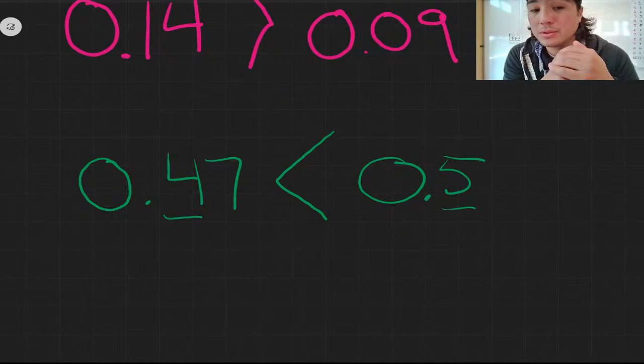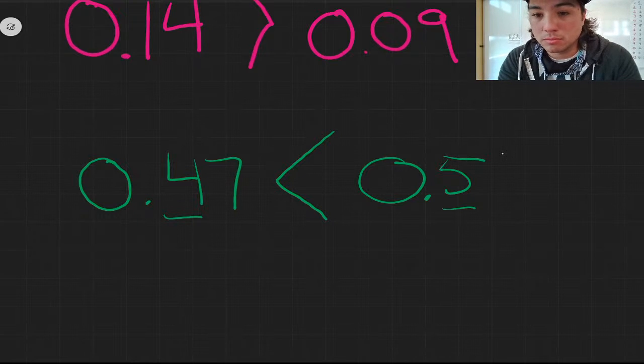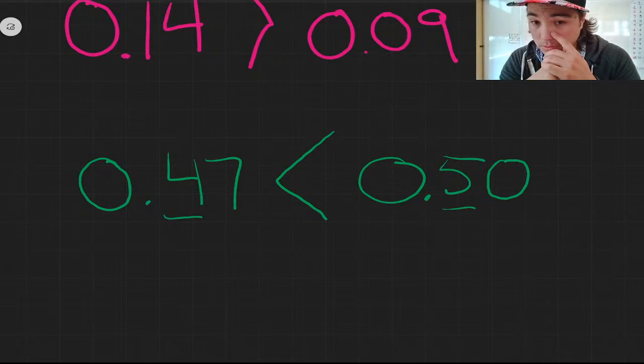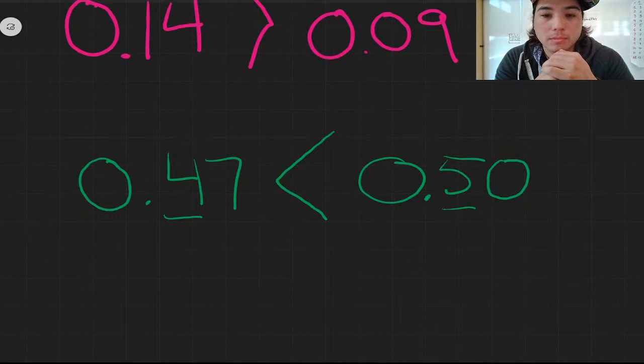And even those 7 hundredths doesn't change that, because don't forget, you've got 0 in the hundredths place. So it's really 50 hundredths and 47 hundredths. So 47 hundredths is less than 5 tenths, or 50 hundredths.